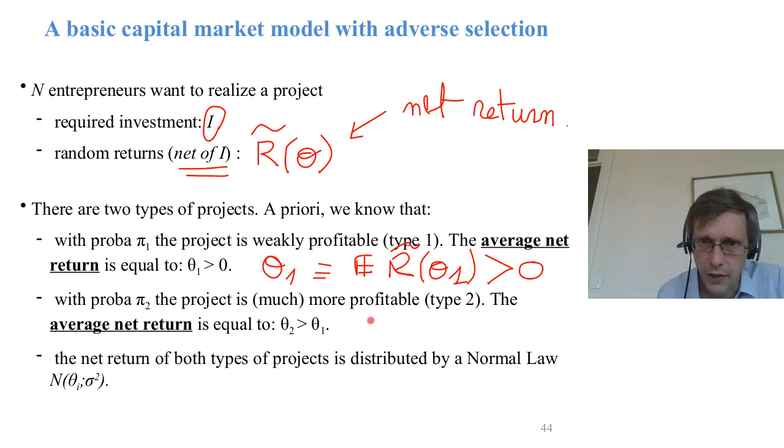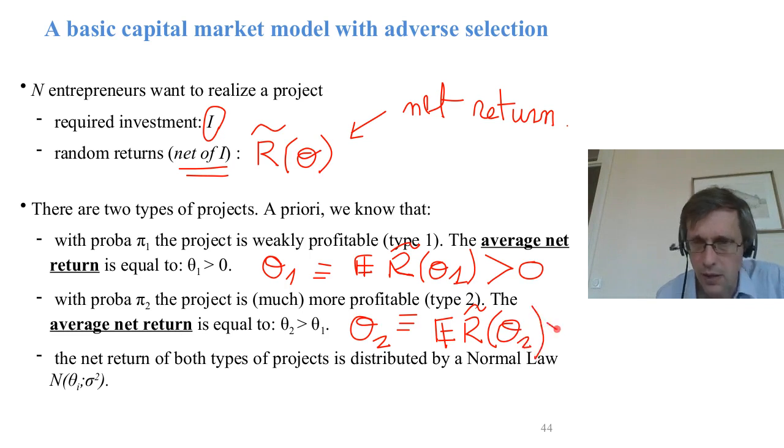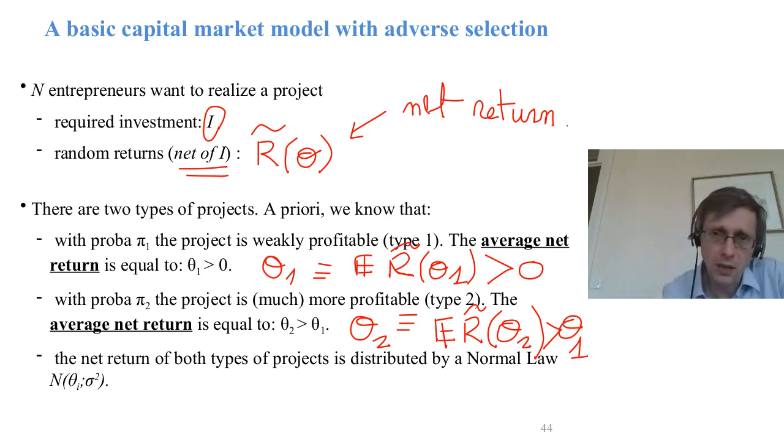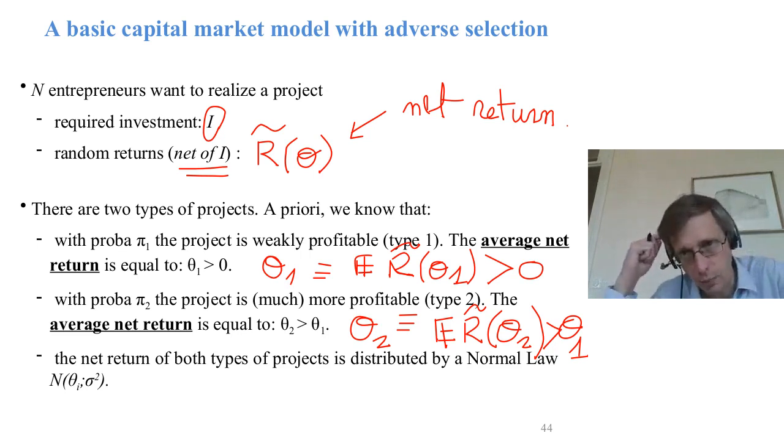And theta 2 corresponds to the same thing, but now it's no longer theta 1, it is theta 2. And this is strictly higher than theta 1. So this is why we say that a type 2 project is more profitable than a type 1 project.